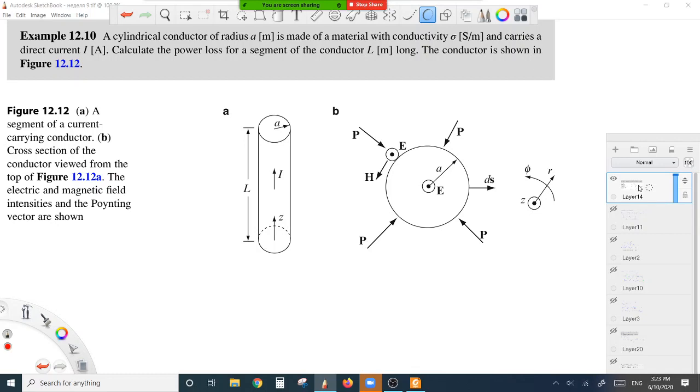This problem can be solved most easily using the method where the resistance of the conductor may be calculated directly, followed by calculation of losses using Joule's law.